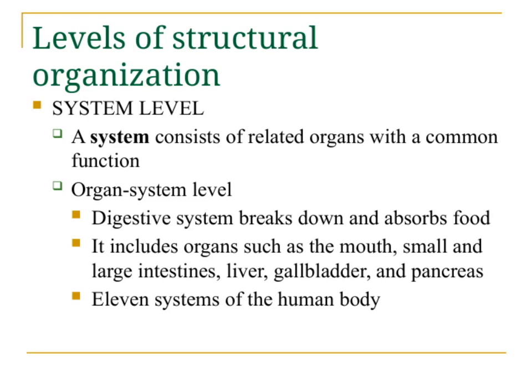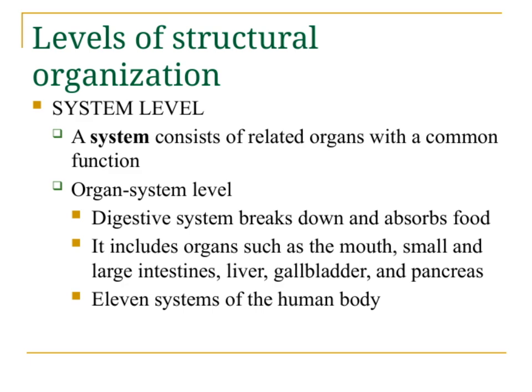Let's start by understanding what a system is. A system consists of related organs that work together to perform a common function. When we look at the organ system level, we're talking about how these groups of organs coordinate to keep our bodies running smoothly. For example, the digestive system is a great illustration. It's responsible for breaking down the food we eat and absorbing nutrients our bodies need to function.